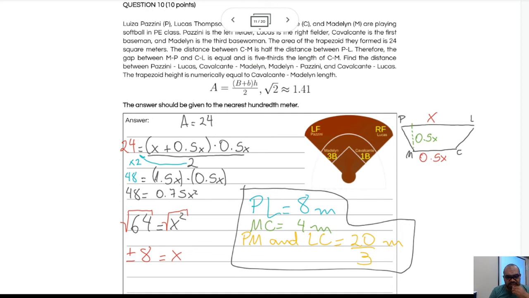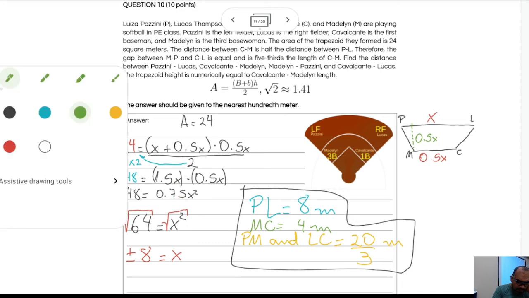After that, guys, we go ahead solving: 48 equals 1.5x times 0.5x, because 1 plus a half is 1.5x. And here, guys, I'm dividing by 2. What is the opposite of dividing by 2? Multiply by 2. 24 times 2 is 48 now. Over here, 1.5 times 0.5 is 0.75.